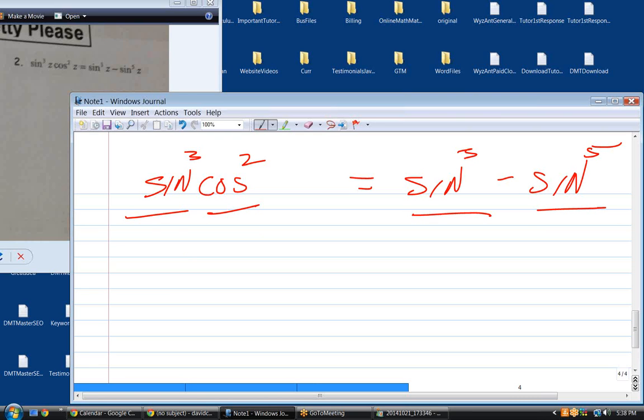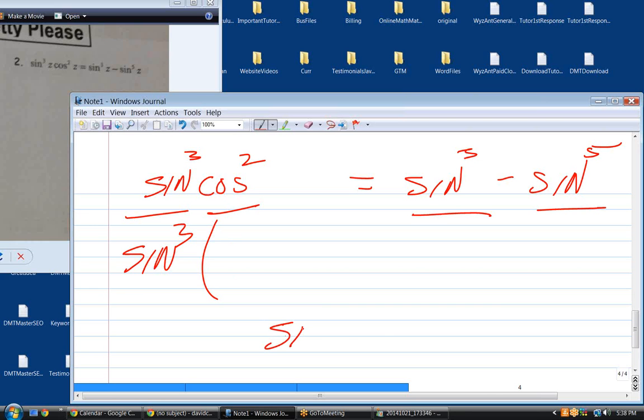Turn that cosine into sine. What's the original identity?